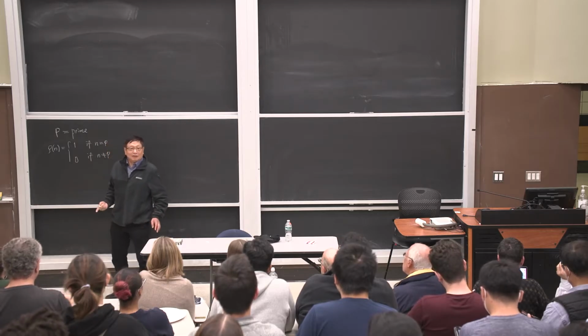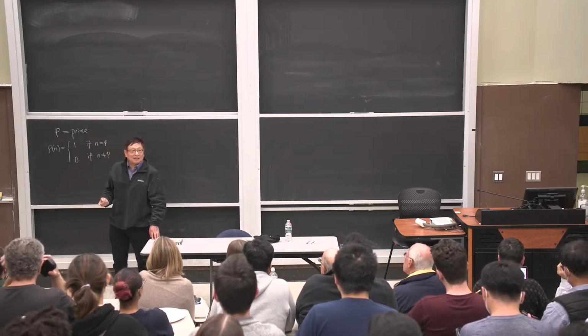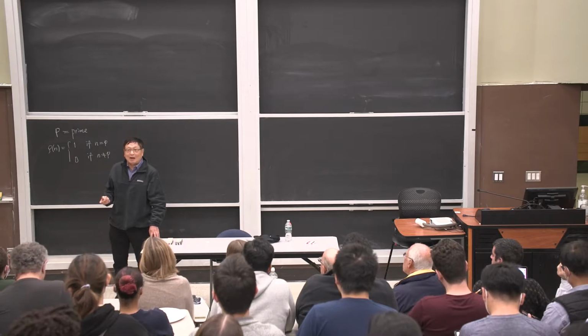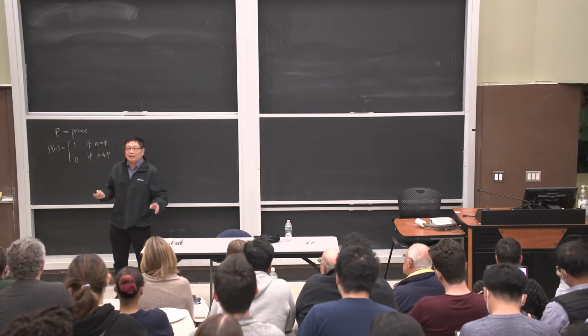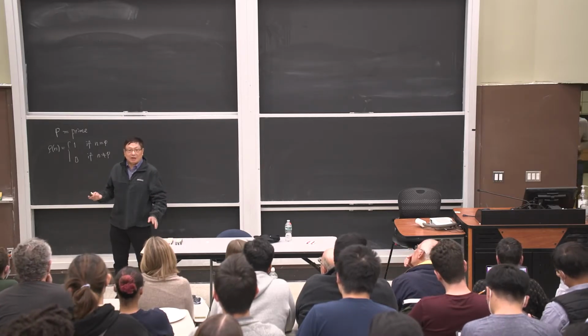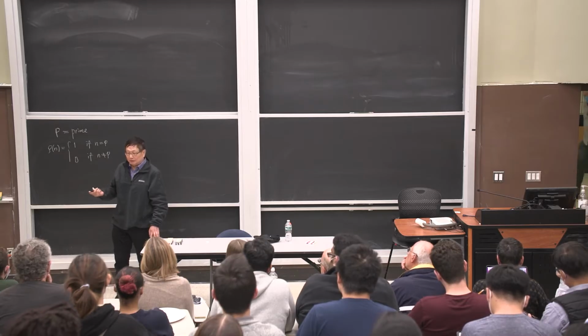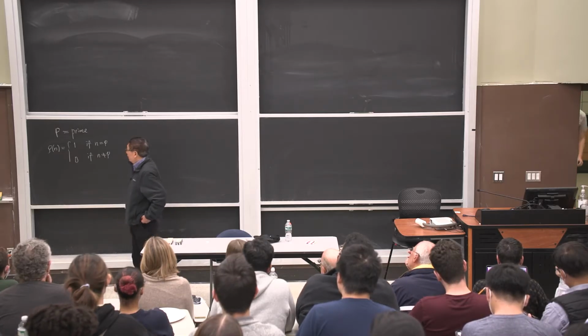We know that's the characteristic function for the primes, right? And the domain is just the natural numbers, from 1 to N.